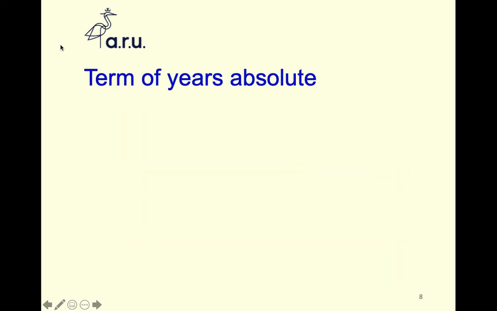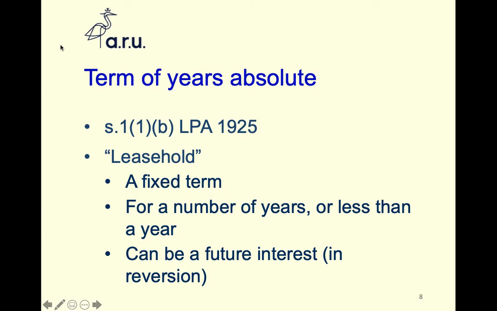We would have to always have a freehold. So the term of years absolute is the more technical term for a leasehold. So any tenancy will be recognised in the eyes of the law under Section 11B of the Law of Property Act 1925 as a term of years absolute. That leasehold means that it's fixed in nature. So the term of years being fixed, we can see how long it's for.